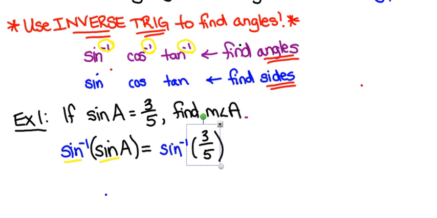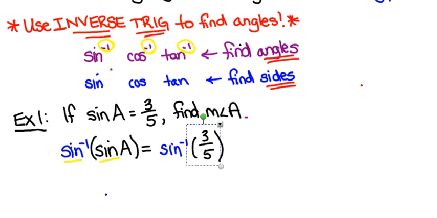Kind of like we can undo squaring a number by taking its square root, or we can undo adding 5 by subtracting 5, or we can undo multiplying by 10 simply by dividing by 10. These are all inverse operations. So I think about inverse operation as the undoing operation. The inverse operation for multiplication would be division.